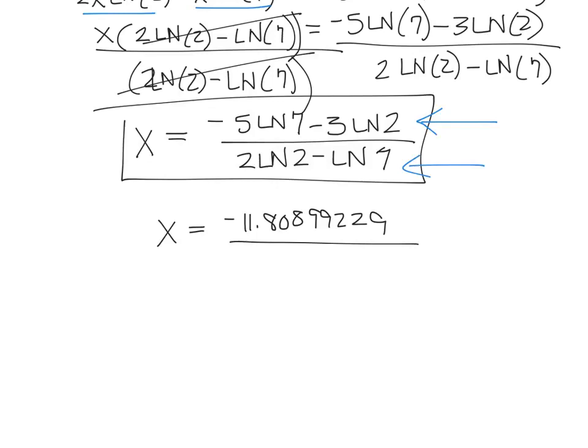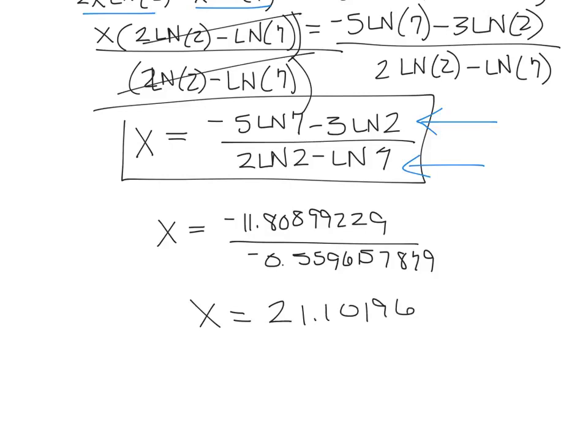When you do that calculation, you should get negative 0.5596157879. When we divide these two numbers, we get a value of 21.10196414. And if we round to 2 decimal places, our answer is 21.10.